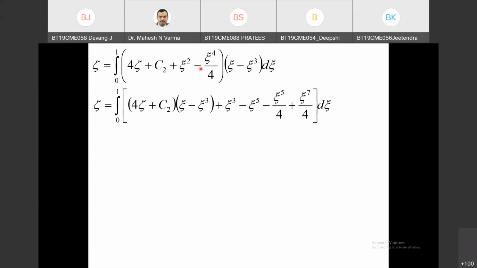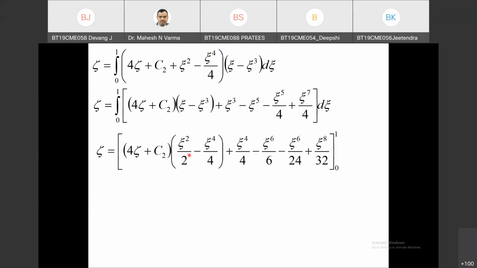If you multiply epsilon by this, epsilon cube, multiply this by epsilon, this will be epsilon raised to 5, this will be epsilon raised to 5 over 4, and this will be epsilon raised to 7 over 4. Now this bracket and this bracket can also be multiplied. So rearranging, now integrating the equation for epsilon 0 to 1.